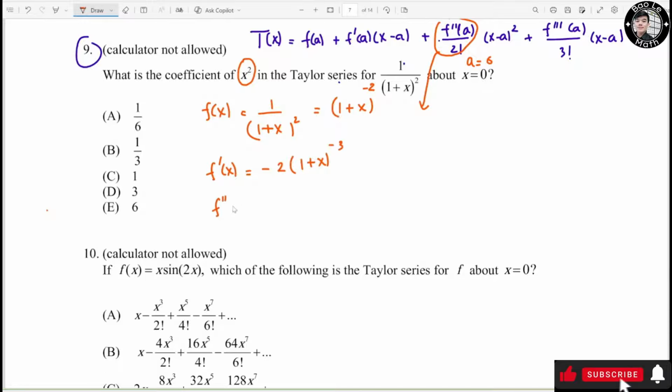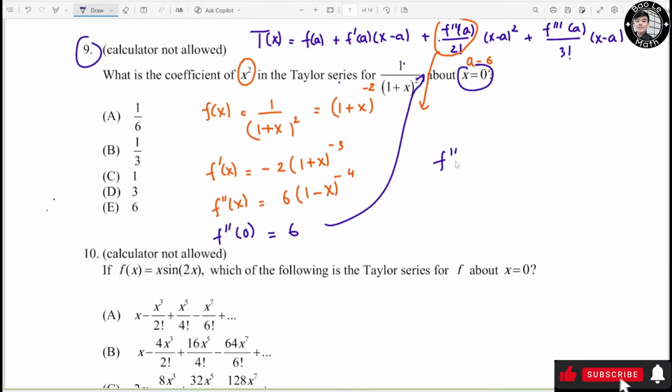F double prime of s is going to be 6 times 1 plus s raised to the negative 4, right? Now s equals 0, substitute over here, so we have f double prime of 0 equals 6, right? So we have the coefficient f double prime of 0 over 2 factorial equals 6 over 2, which is going to be 3. The answer must be D.